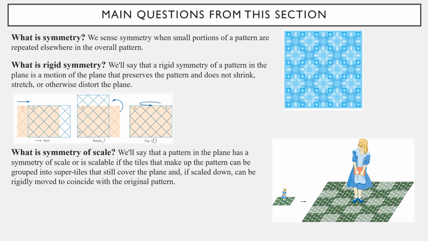Here's our original pattern, and when we stretch it, you can see the pattern is still maintained, and this square up here has the overall pattern. So it takes the original pattern to create new super tiles, which still maintain the overall original pattern.